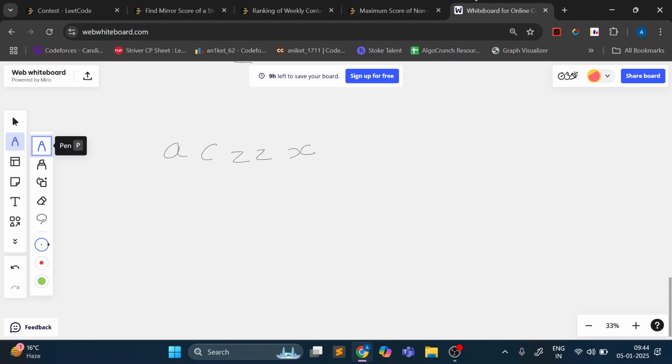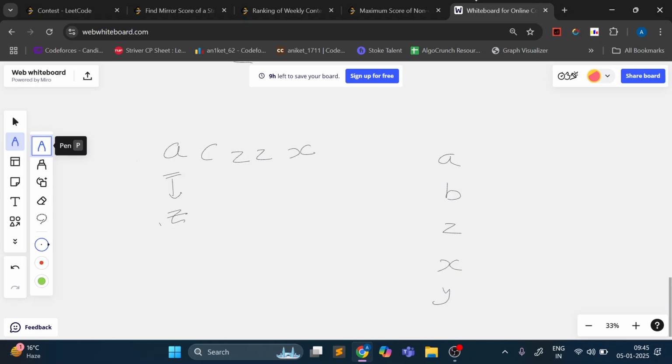Now we have A, B, Z, X, and we need Y also for X. So first we are at index 0.